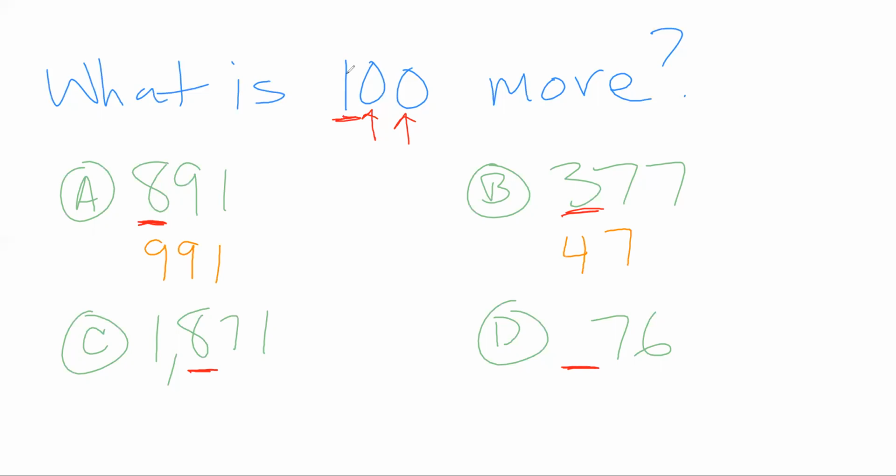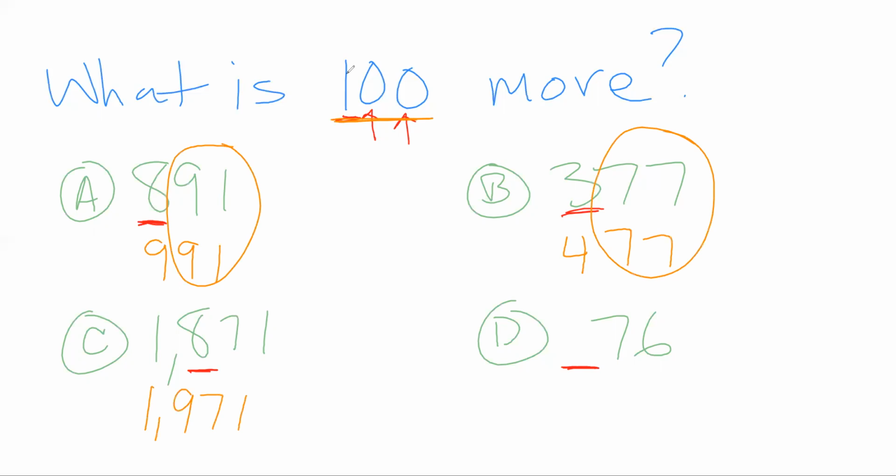Would be 477. Again, notice these numbers are not changing. The only thing that's changing is the hundreds place. 1,971. And then in this case, there's no hundreds, so now I have 1 of them in there, so I'd get 176, right?